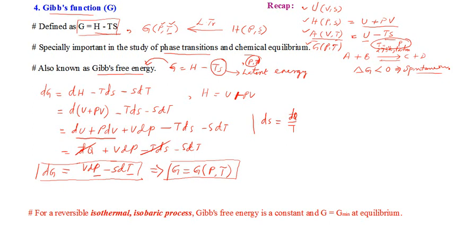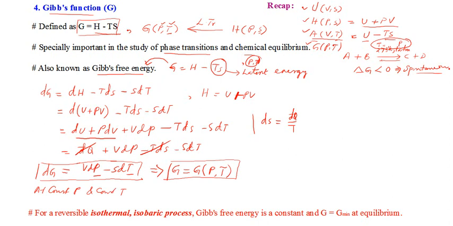So now let's take a special case, whenever the natural variables are constant. So at constant pressure and constant temperature, what will happen to dG?